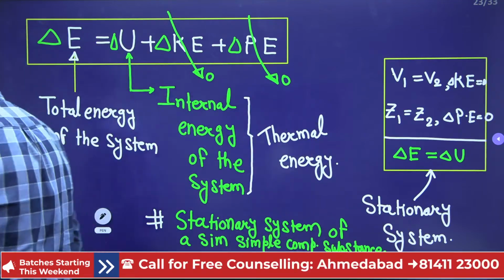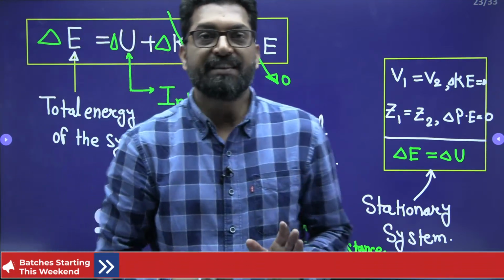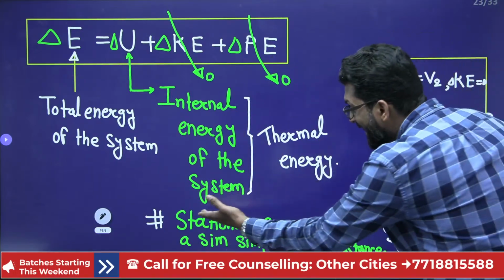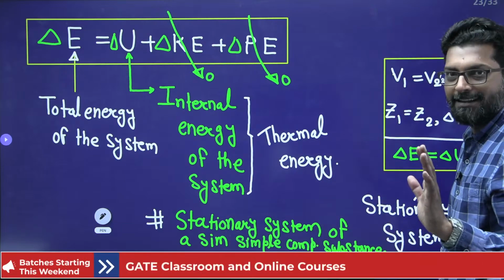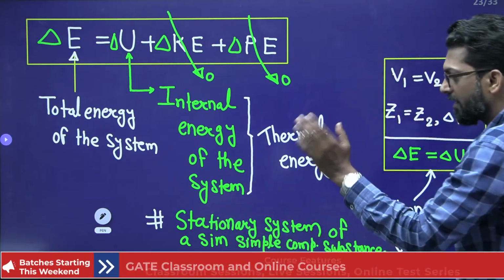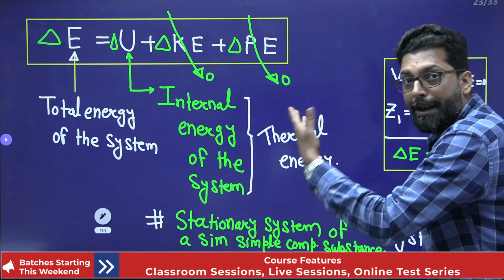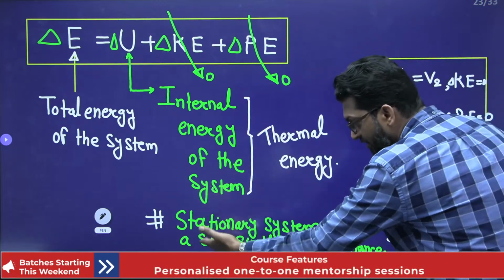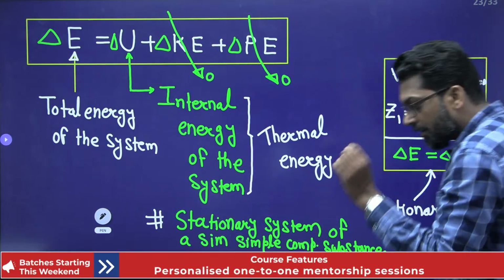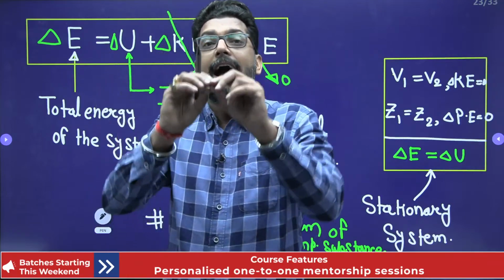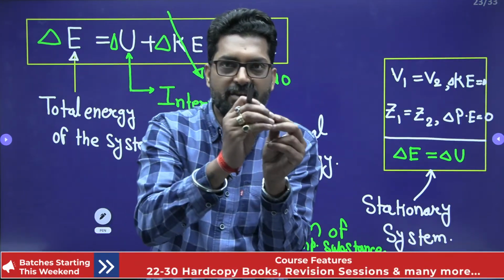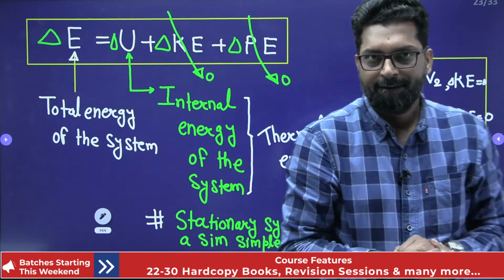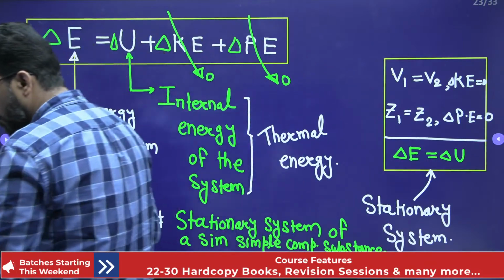These are the points, and you have to be able to understand each term. Stationary system means we neglect the effect of electrical, magnetic and surface tension. A stationary system means we cannot take much change at the microscopic level of the system, in kinetic energy and potential energy. Okay, beta? It is clear?